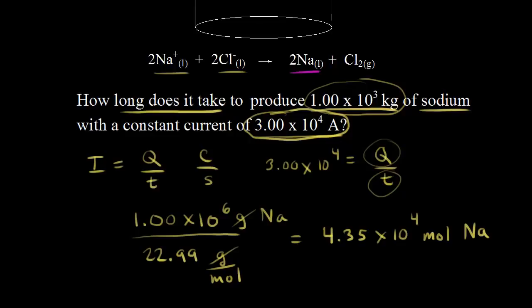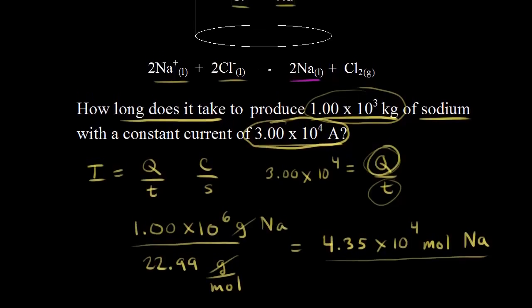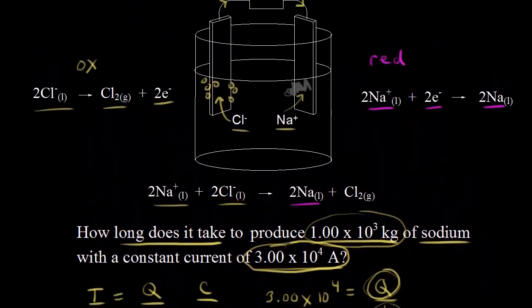So how does that help us? If we have moles of sodium, how does that help us find our charge? Well, we can relate the moles of sodium to the moles of electrons. Let's go back up to our half reaction, where we have our moles of sodium. We're trying to make 4.35 times 10 to the fourth moles of sodium.